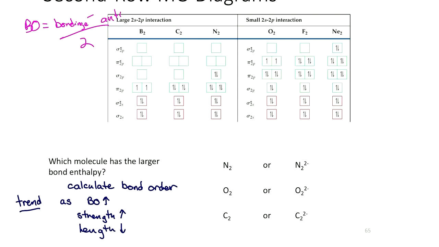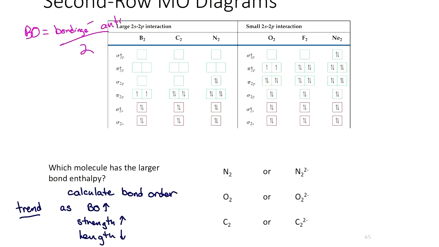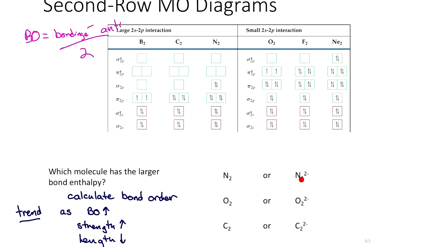So we can do this without actually calculating anything because we can look at nitrogen and compare it to the nitrogen anion. To make an anion, we add 2 electrons, but where are those electrons going? In what kind of orbital? Into an anti-bonding.